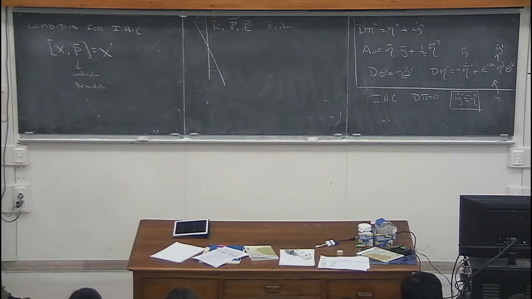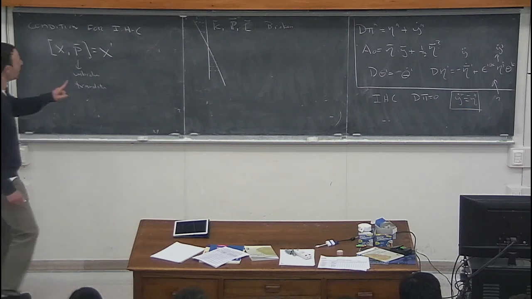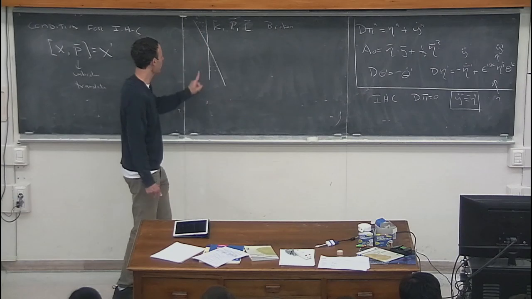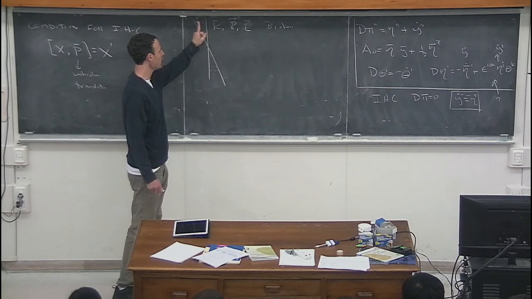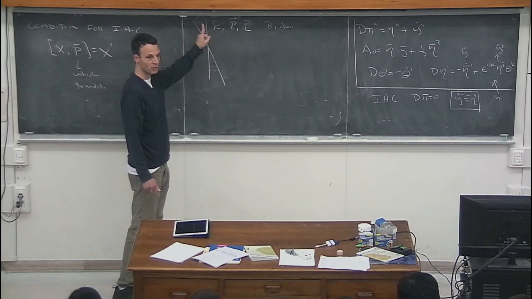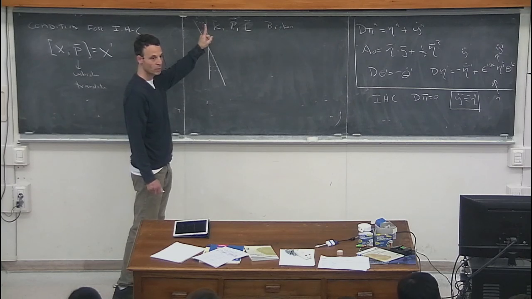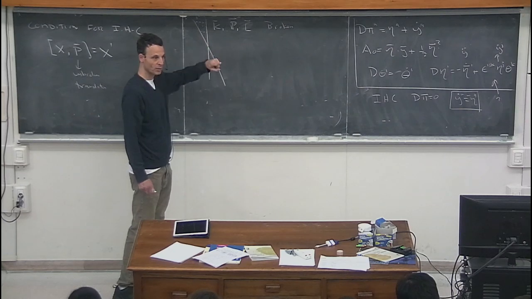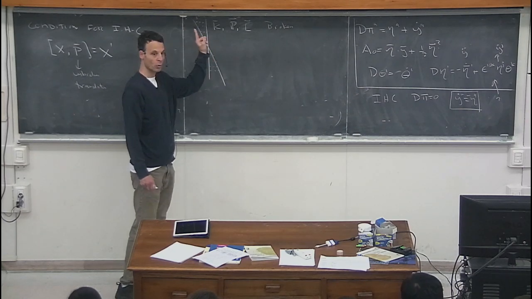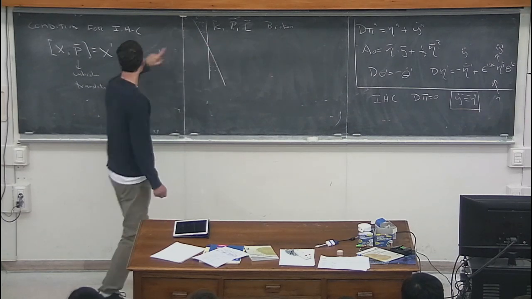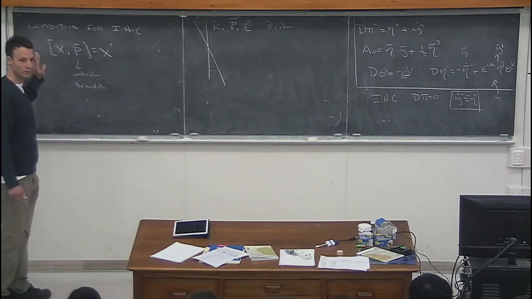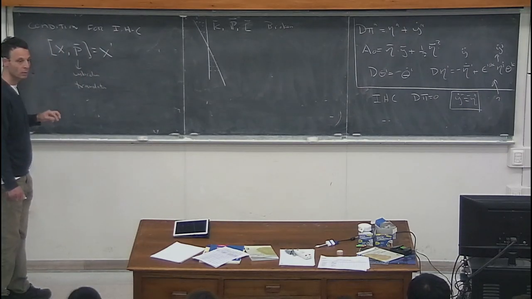And so the question is, if I have an unbroken translation, which in this case would be a translation along this direction, if I rotate it with L, it will give me a broken translation. So L with P gives me another P but rotated, because remember L generates rotations. So it'll take an unbroken one and turn it into a broken one, which is what this criterion is telling you.